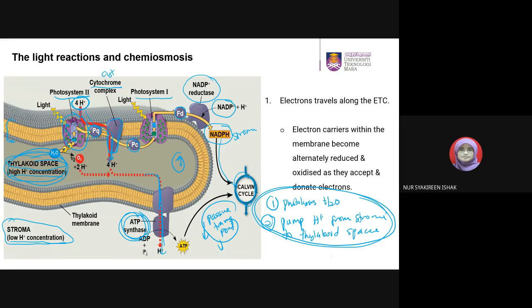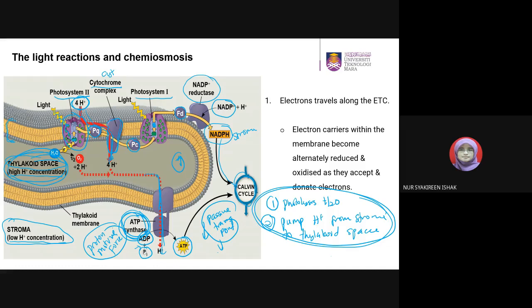So when hydrogen ions diffuse back into the stroma, it creates a type of energy, we call it proton motive force. Okay, the proton motive force will cause the ATP synthase to synthesize ATP molecules from ADP and also inorganic phosphate. Sebab untuk you to attach inorganic phosphate to an ADP molecule, it requires energy.